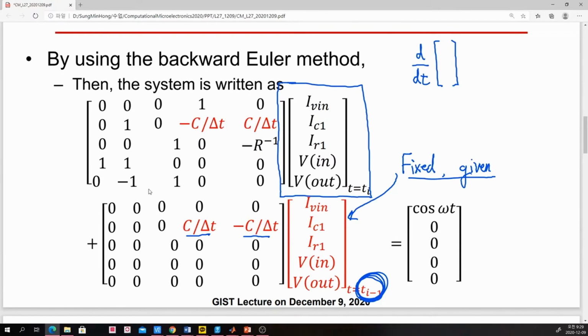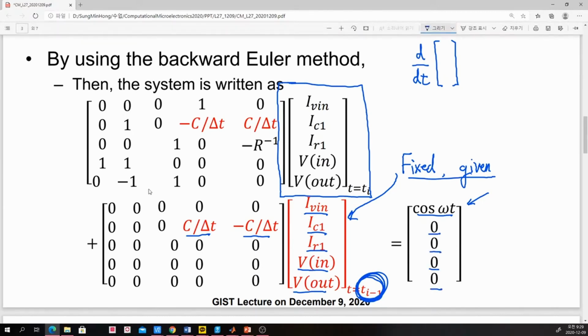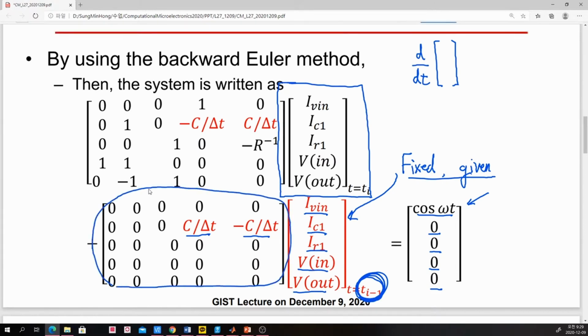So you know that this is just a number, number, number, number. For a given time instance, these are numbers. They are not unknown. And quite similarly, this matrix is a given matrix, and this vector is also given.